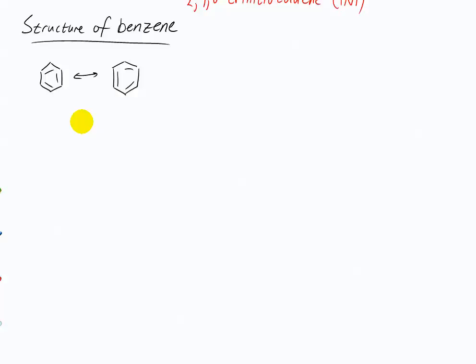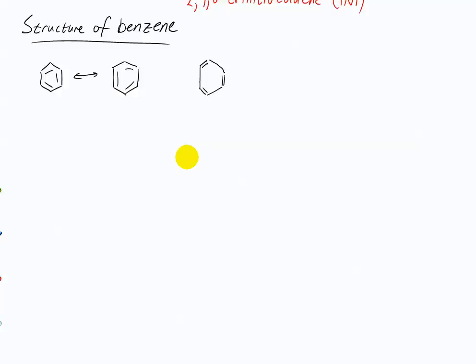And that was the first proposed structure. So you'd have something like this, right? Because double bonds are shorter than single bonds.